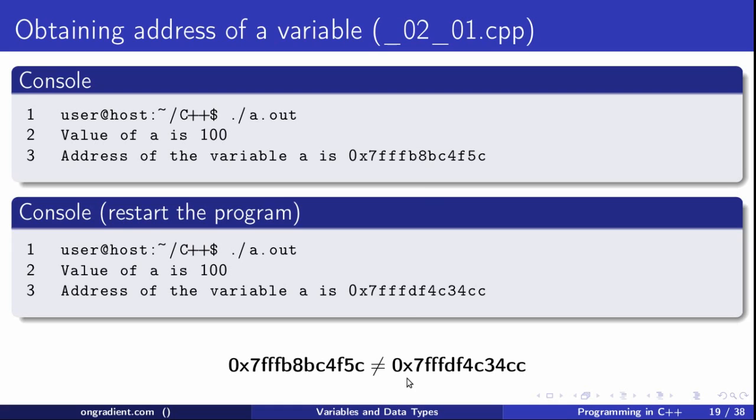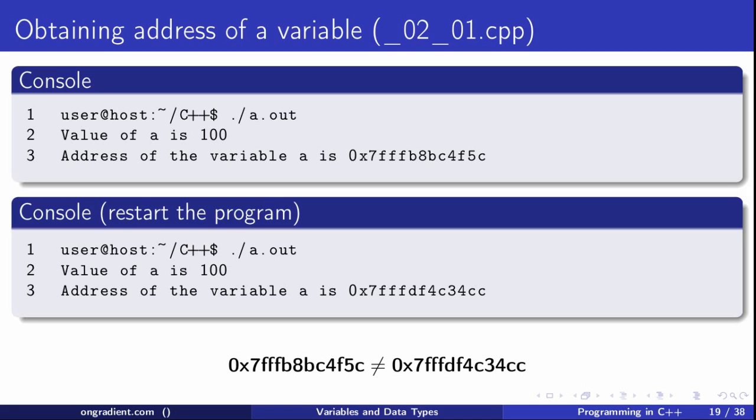Remember, a variable exists while the program is running. There is no need for variables if the program is finished. Therefore, all the variables of the program are automatically deleted. The memory allocated for the variables is released.